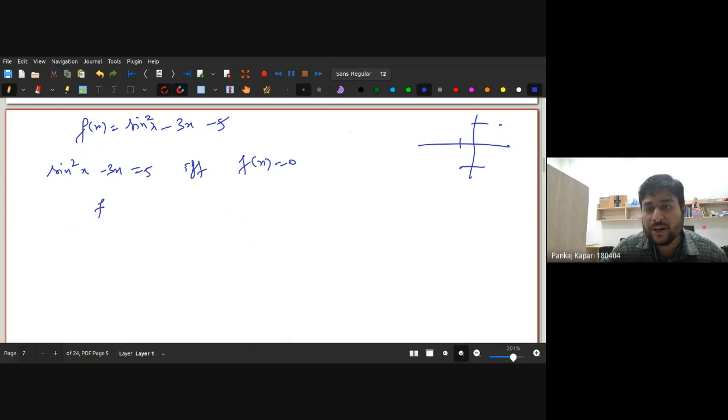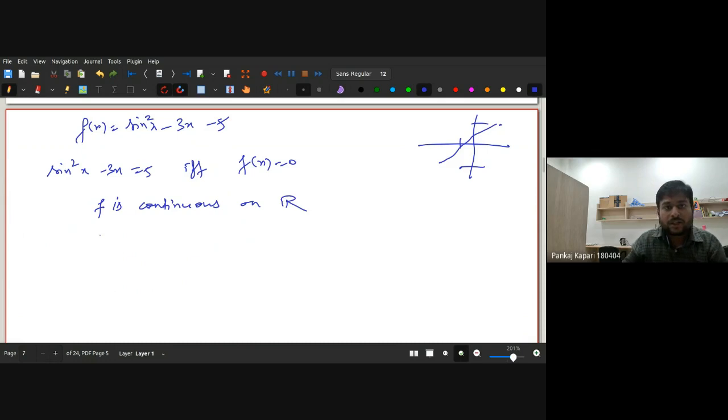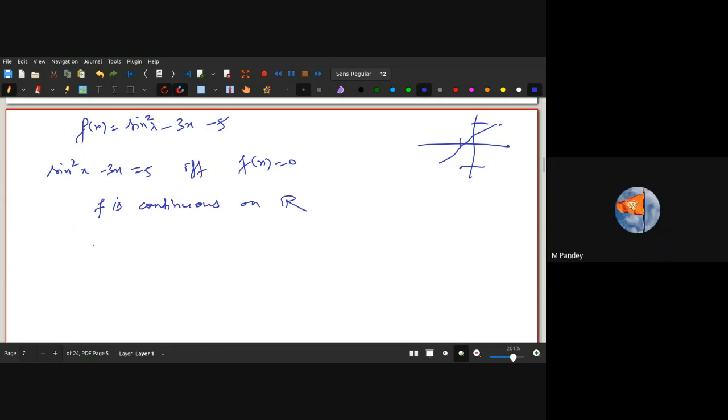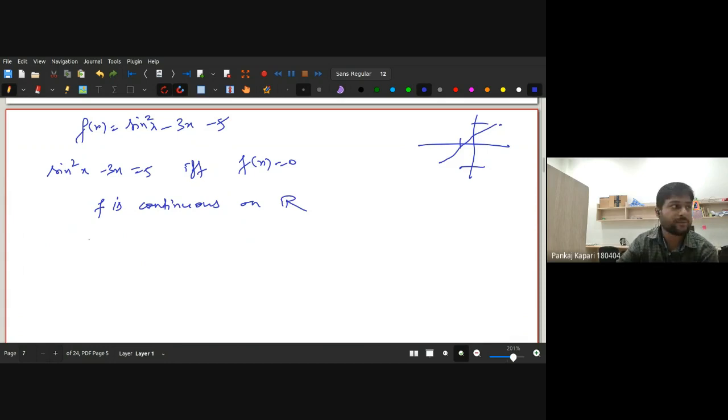Because this function f is continuous everywhere on the whole real line, it must cross the x-axis, so there will be a zero. So let's find points where the function changes its sign.